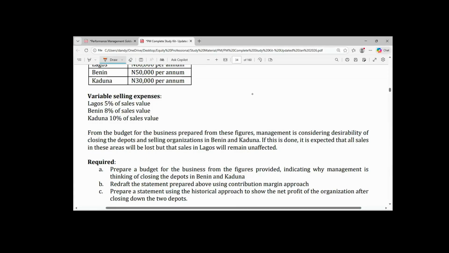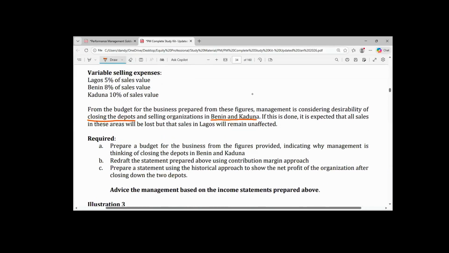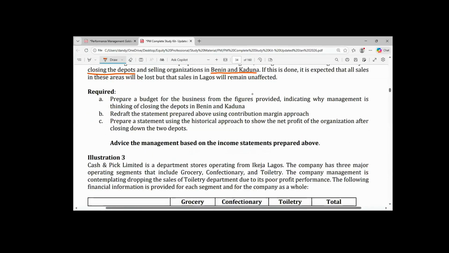From the budget for the business prepared from these figures, management is considering the desirability of closing the depot and selling organizations in Benin and Kaduna. If this is done, it is expected that all sales in these areas will be lost, but that sales in Lagos will remain unaffected.